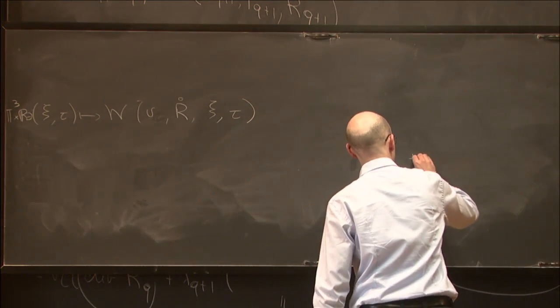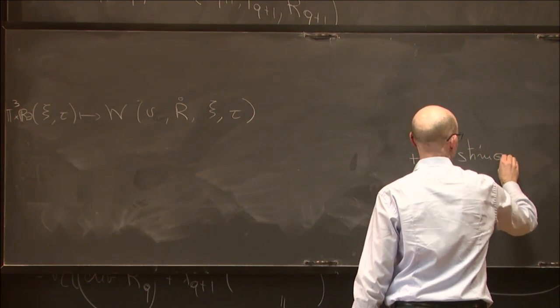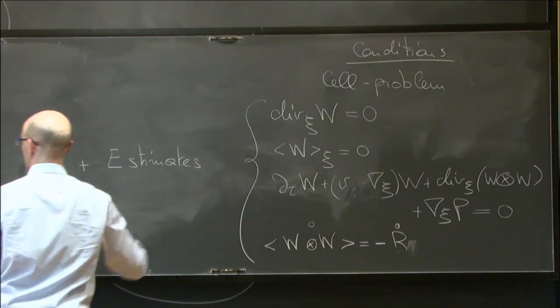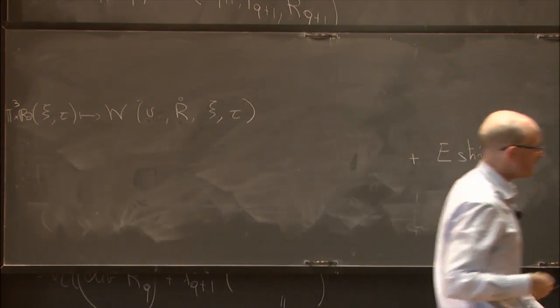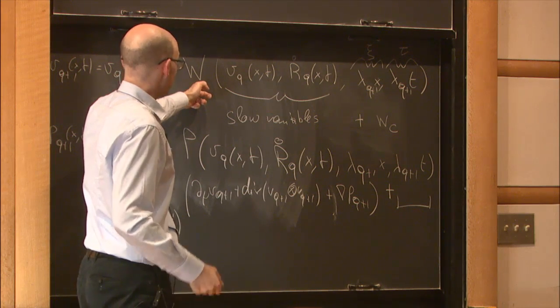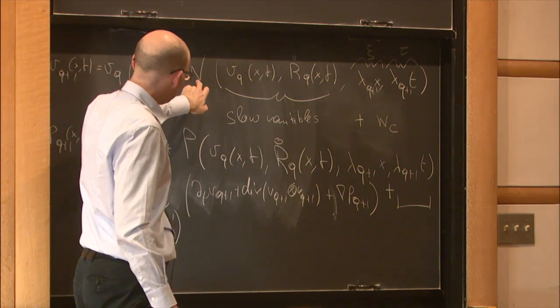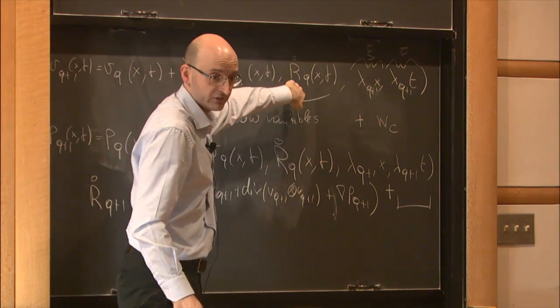So you actually need some estimates, which I'm not going to be detailed about. So you need some estimates on how this function is depending on V and R circle. Because when I take the slow derivative of this guy, the slow derivative, of course, by the chain rule, will make the derivative of W appear in terms of the velocity and in terms of R circle. Okay?